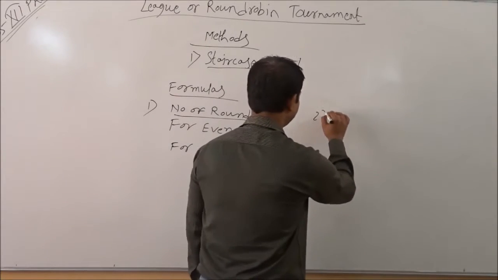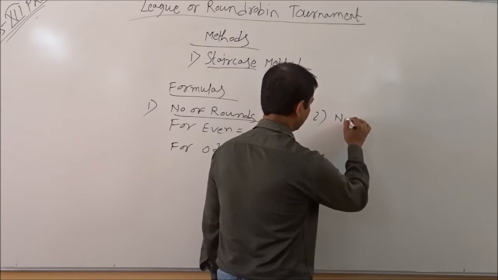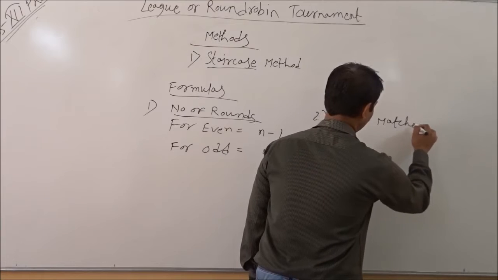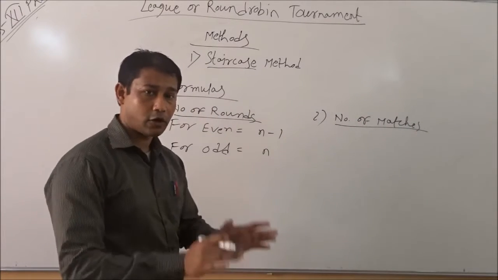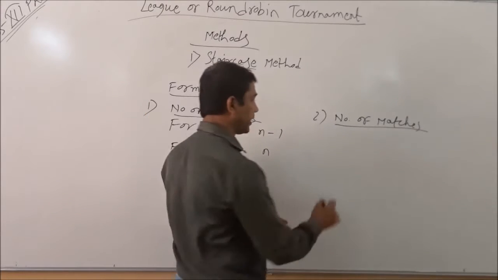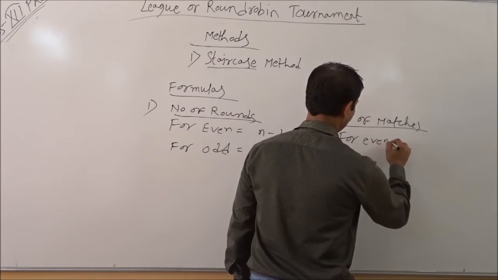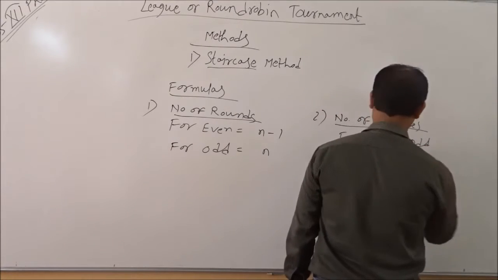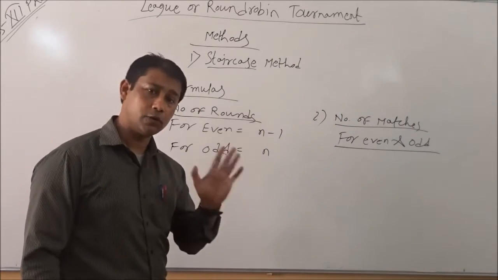Moving forward, the next formula would be number of matches. Now, for number of matches, for even and odd number of teams both, the formula would be same.